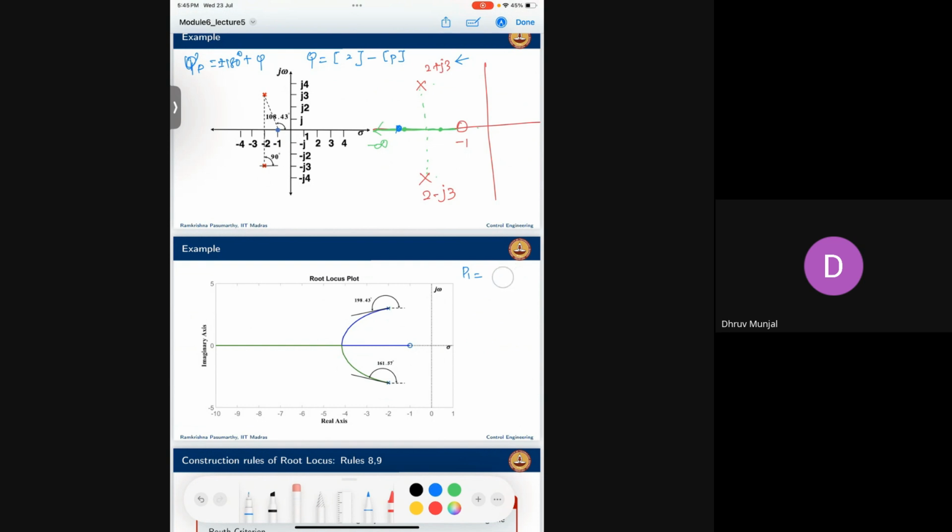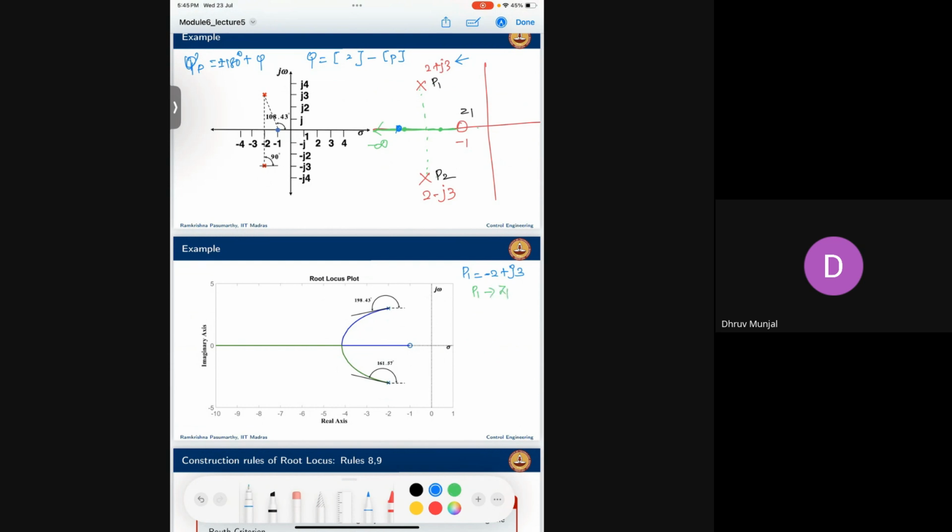Not plus or minus, I'm just considering the positive pole of the pair, minus 2 plus j3. I'm going to take the first zero as Z1. This is P1, this is P2. From P1, I'm going to calculate it for Z1 first.